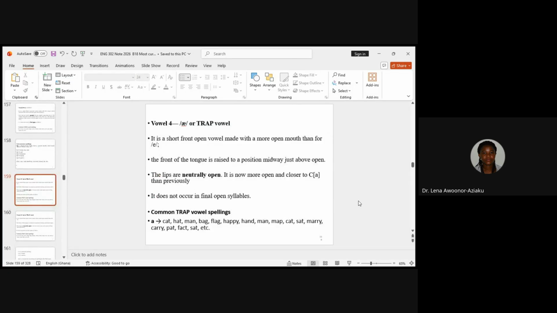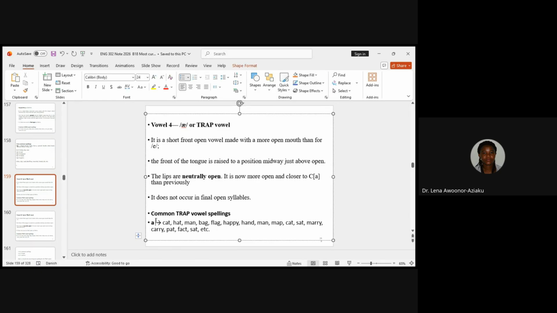Then number 4, which is as in trap. We only look at the spellings because for the production, you go back to the kit vowel and how the kit vowel is made. You use the same knowledge to describe this one. So the most common spelling is what?